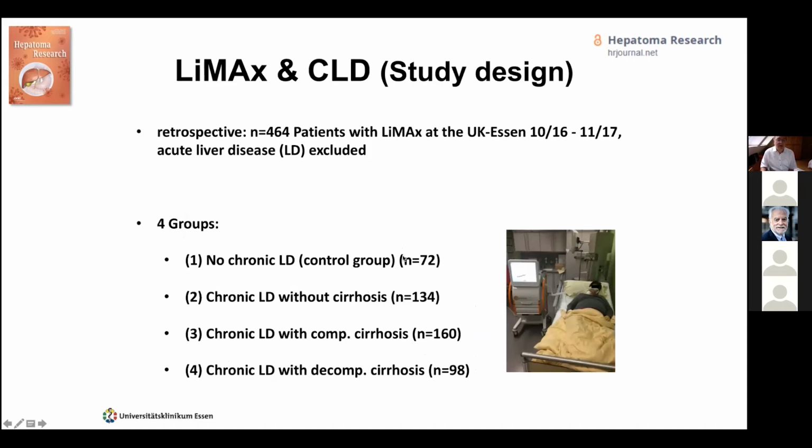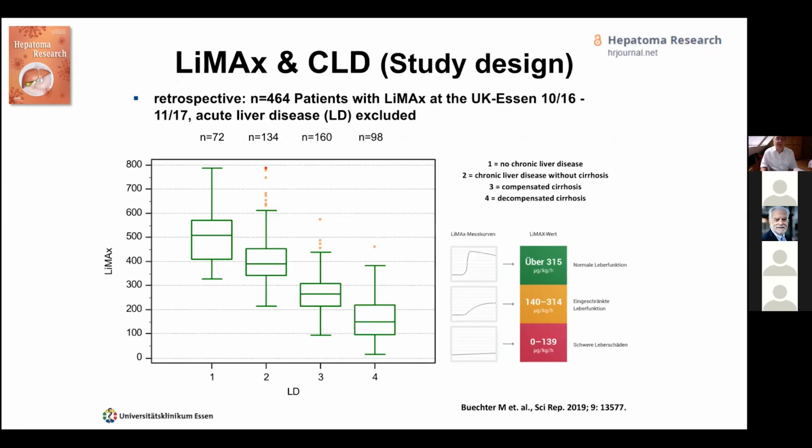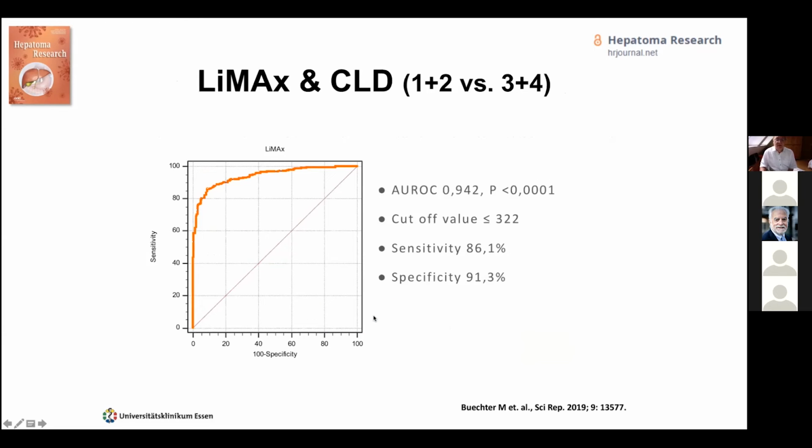Last but not least, we have investigated several stages, and in our unit we have done a correlation between the LiMAx and different diseases, and there was a good correlation. For example, the LiMAx assay in normal patients gives more than 500, and in those with liver cirrhosis it is very, very diminished. And the correlation is supported by statistical measurements.